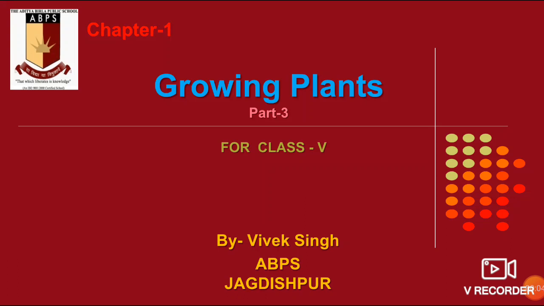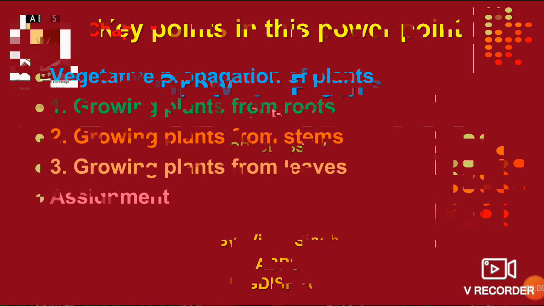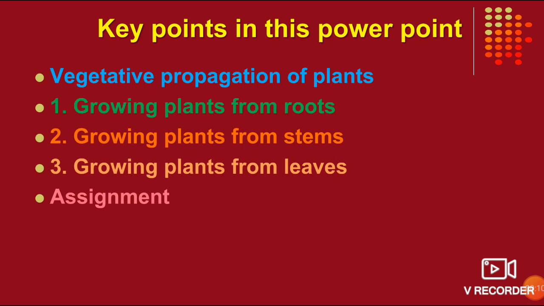This is part 3 of this chapter, growing plants, and in this particular part we are going to see vegetative propagation of plants. You know that plants have two types of parts. The first one is the vegetative part and the second one is the reproductive part.